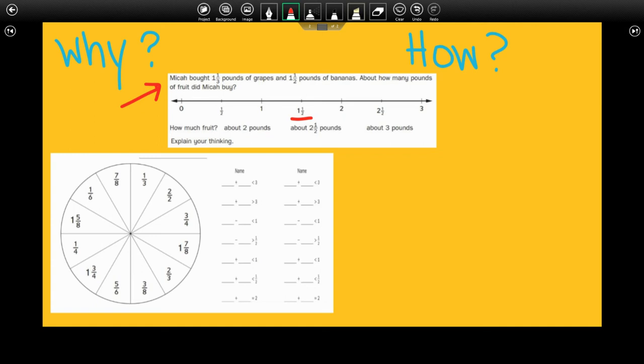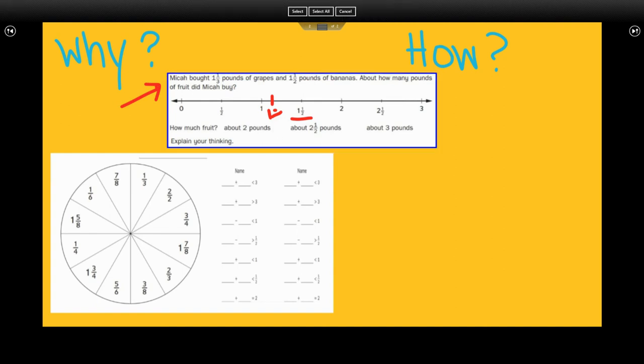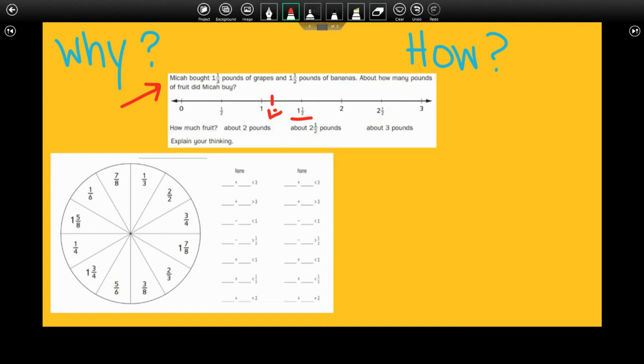I know that 1 1/3 is larger than a whole. And I know that the fraction 1/3 is less than 1/2. So I know that that fraction is going to be probably somewhere over here. So we're going to say that that is 1 1/3, which is really hard to squeeze in there.